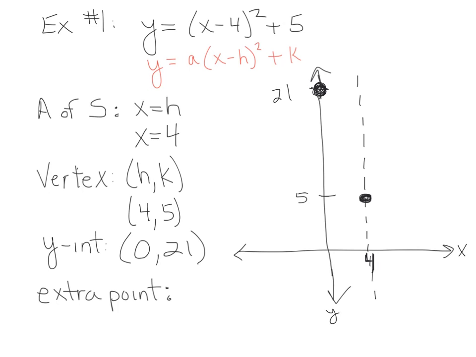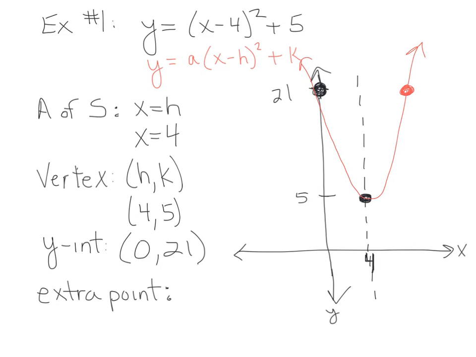Since this here is the vertex, that's the turning point, it has to look something like this. So we need to find this extra point right here.